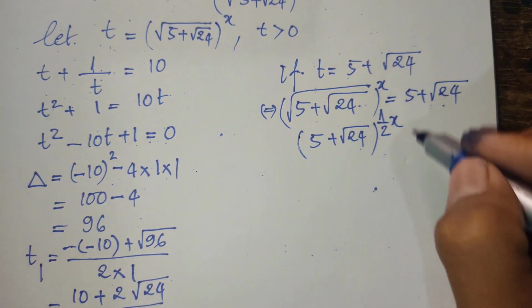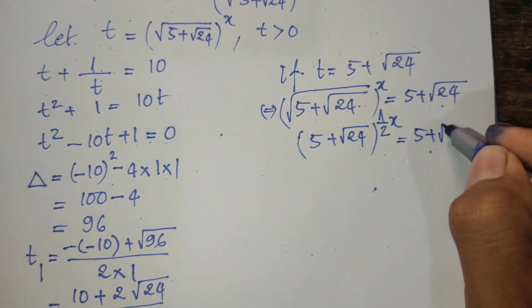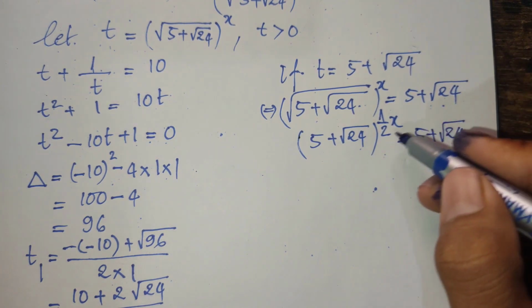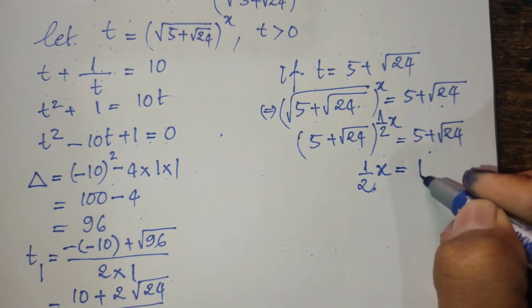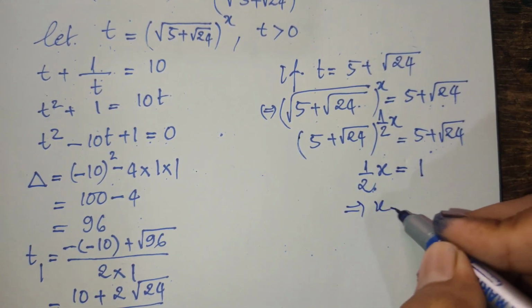So we get 5 plus square root of 24, and now 1 divided by 2 multiplied by 8 is equal to 1, and so we get 8 equal to 2.